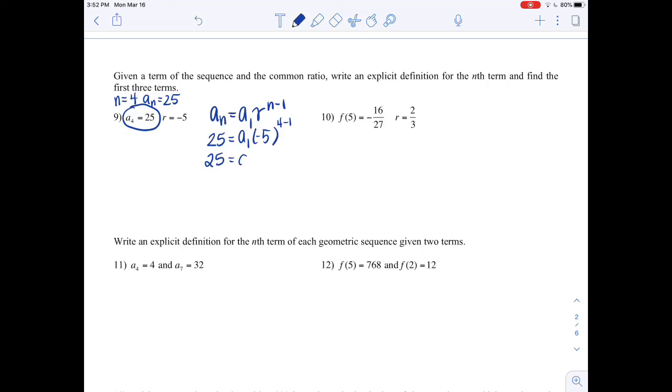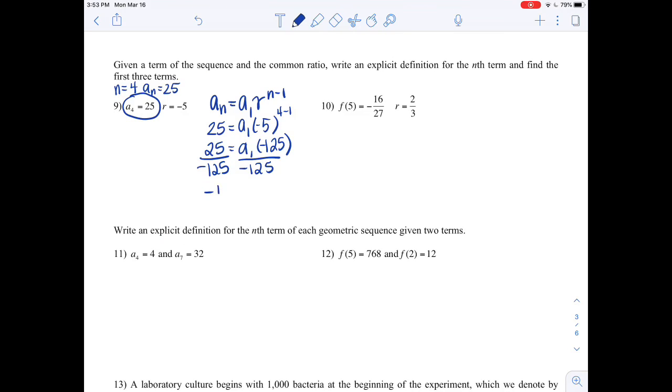So if I start to simplify this, I find out this is a1 being multiplied by -125, because it comes out to be -5 to the 3rd. And when I divide both sides by -125, I end up getting -1/5 for the value of my a1, and that gives me a final answer of a sub n equals -1/5 times my common ratio of -5 raised to the n minus 1.